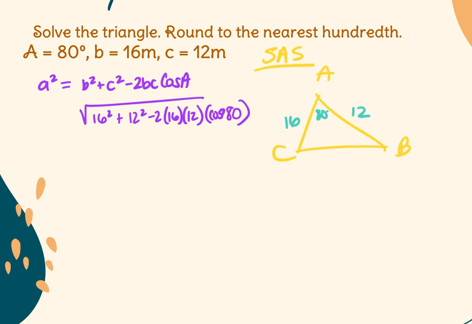And then you can type it in exactly like that in the calculator. And I get A is 18.26.